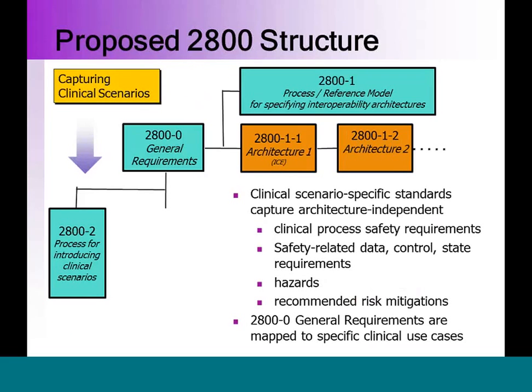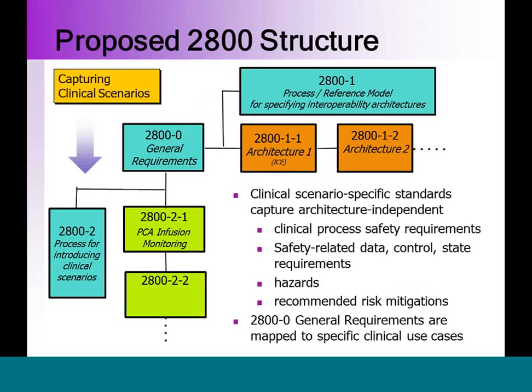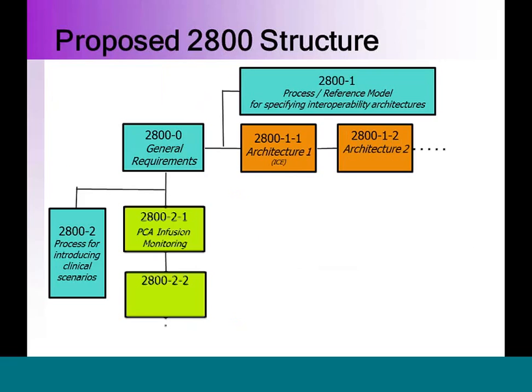Then there's also a dimension on the application side. So down this vertical dimension is where different common clinical scenarios that we want to standardize are picked out. And you describe the overall safety principles, top-level safety principles and hazards for that particular application domain. And again, there's a process for how you introduce a clinical scenario, and then there's specific clinical scenarios introduced.